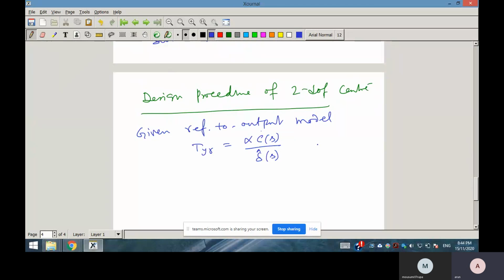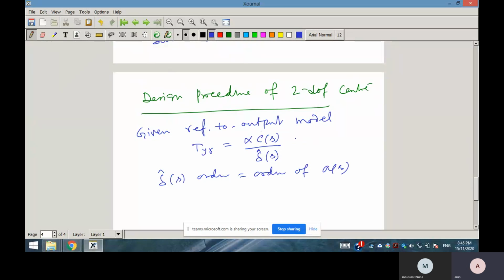So now how will you choose? You can easily see from here that in the reference input output model, the zero polynomial of the plant will be retained. And also the delta hat S order should be equal to the order of AS.